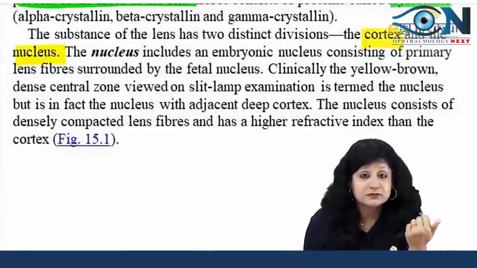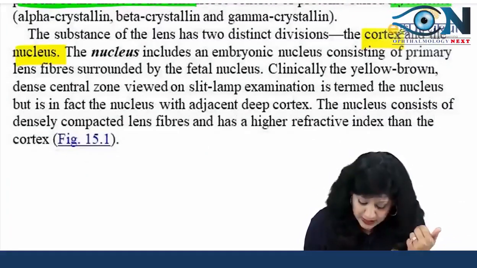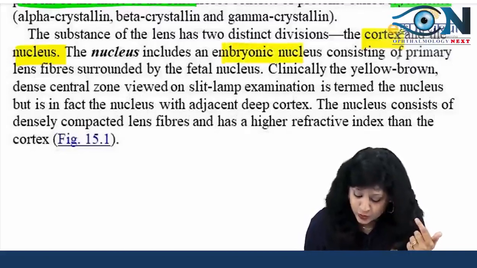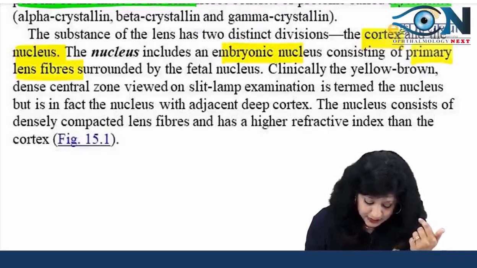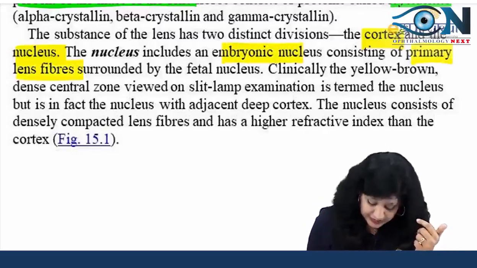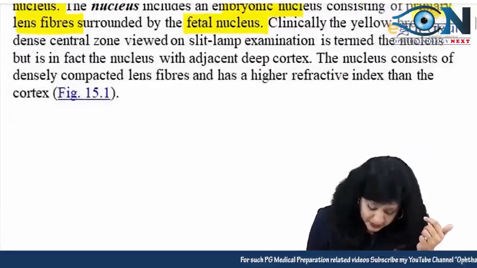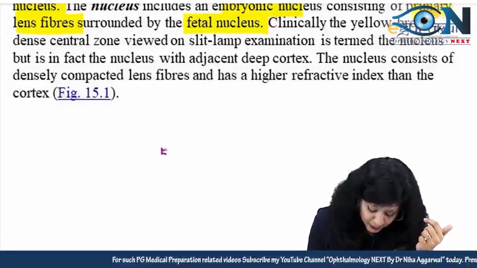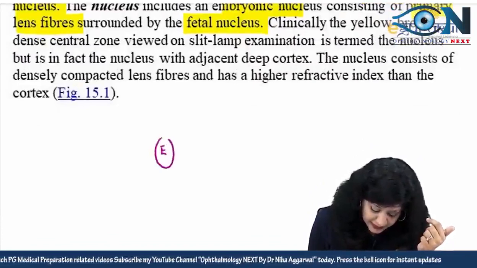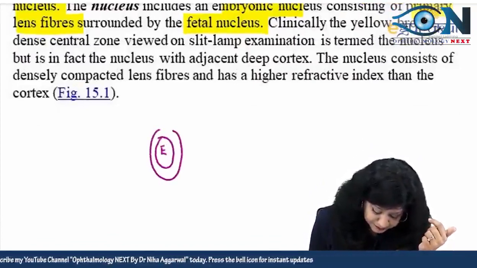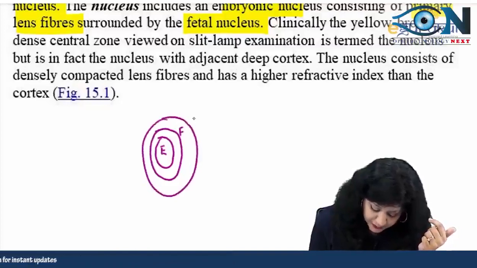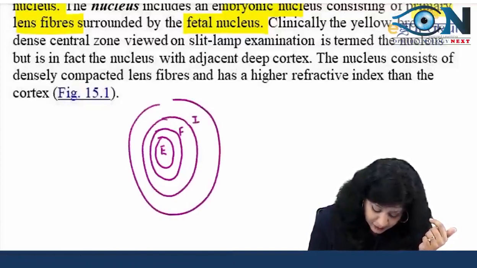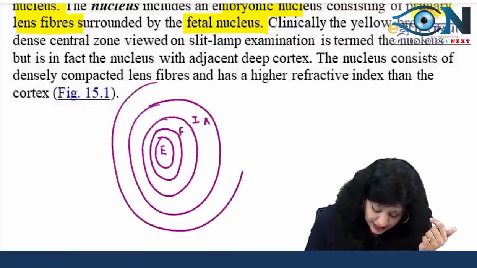Nucleus consists of four types. We have the embryonic nucleus that I told you about, consisting of the primary lens fibers. Clinically, it is yellow-brown in color, and this is surrounded by the fetal nucleus. So if you go with the layers, first I have the embryonic nucleus, then the fetal nucleus, then the infantile nucleus, then the adult nucleus, and then the cortex.